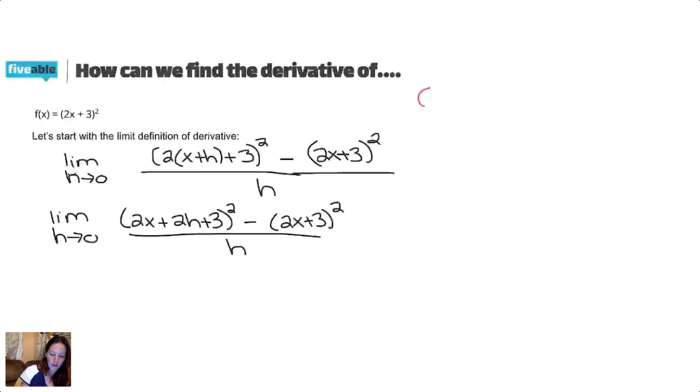(2x plus 2h plus 3) times (2x plus 2h plus 3). Just so I can kind of see it as I do it, right? So the first thing we're going to do is take that 2x, and we're going to distribute it to all 3 parts.